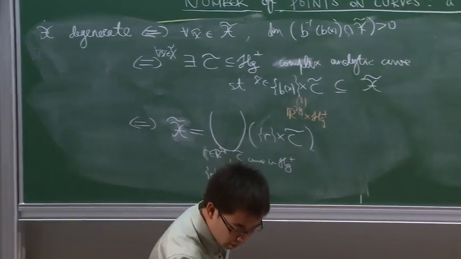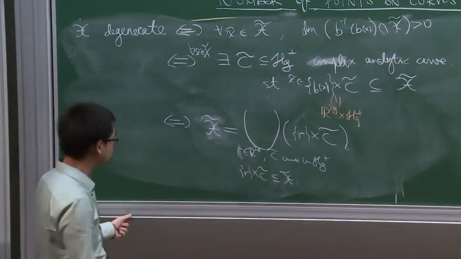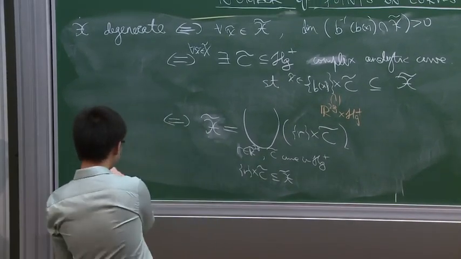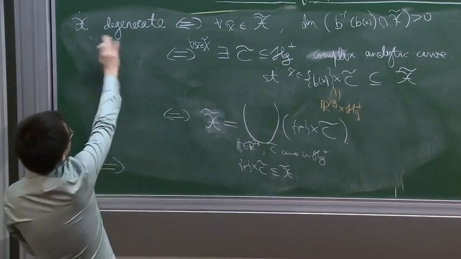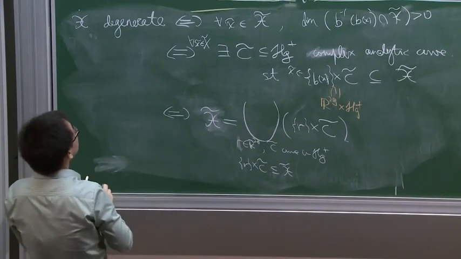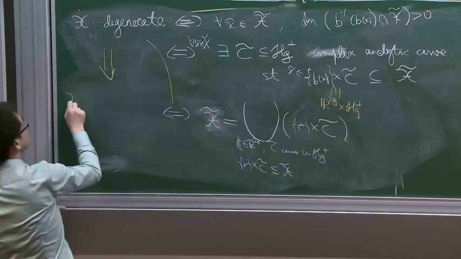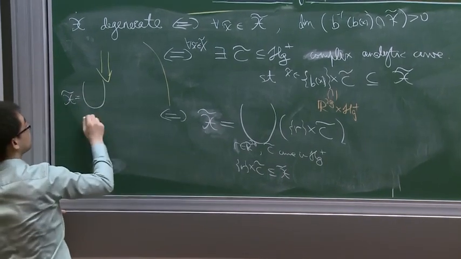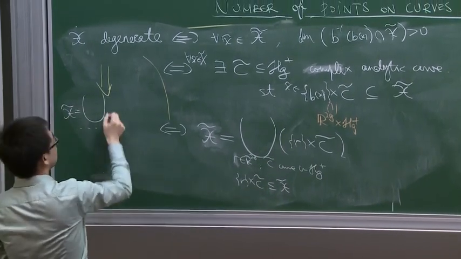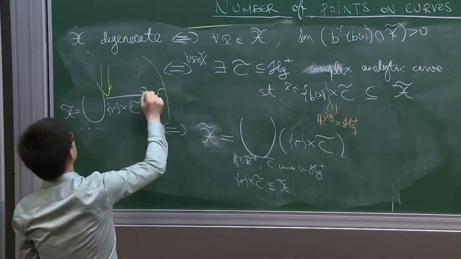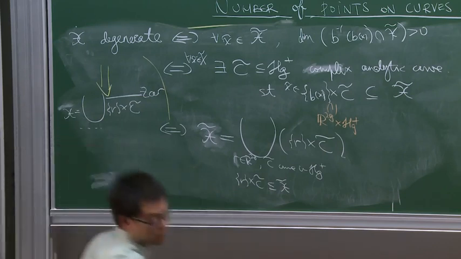And here, I want to say that this wholly implies that if X is degenerate, then X is the union of such things, but I can also take the Zariski closure.